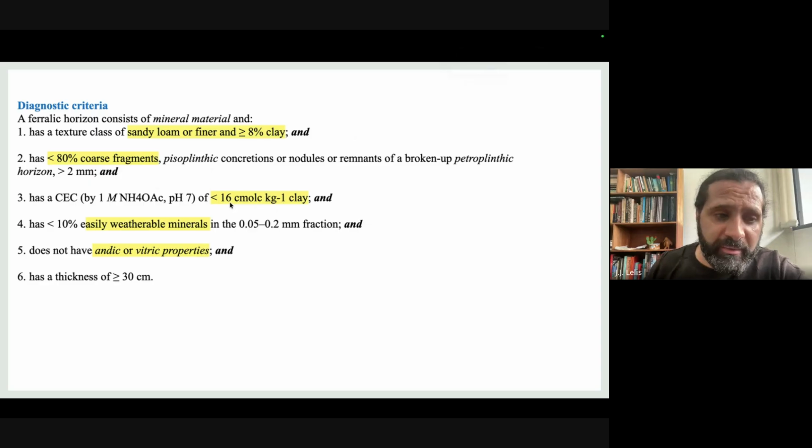This ferralic horizon also registers less than 10% of easily weatherable minerals in the fraction between 0.05 and 0.2 millimeters. So the fine sand and the silt fractions cannot be composed of a dominance of easily weatherable minerals.